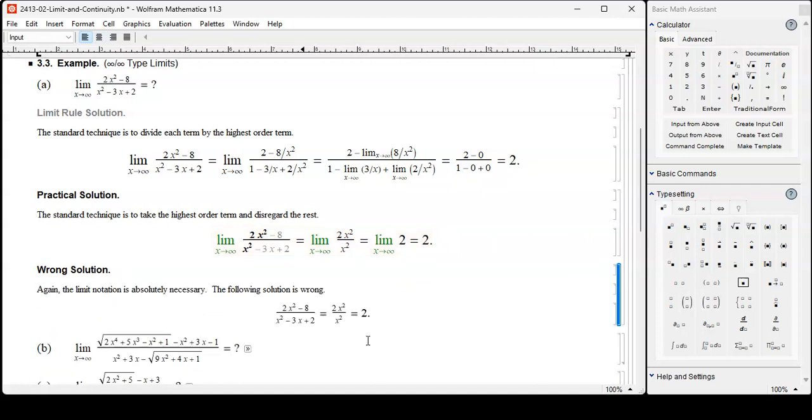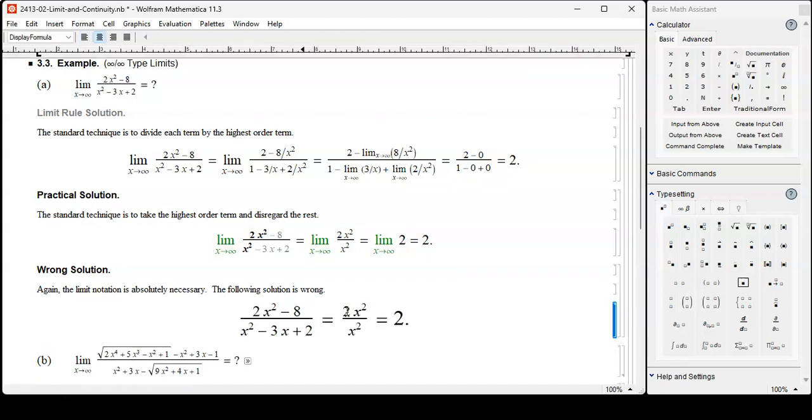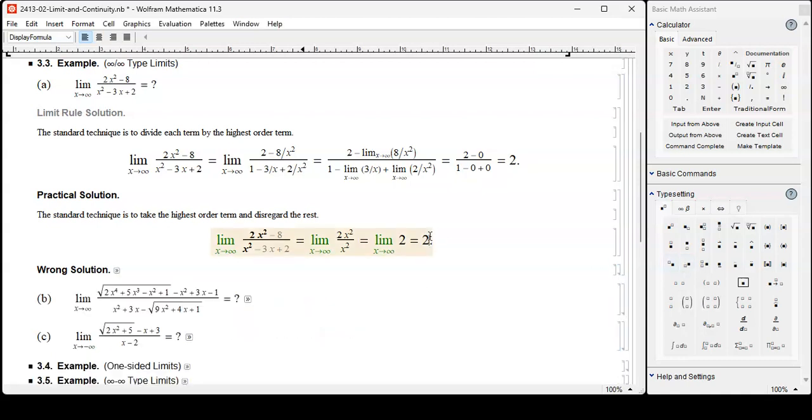I think that's what I wrote over here as a wrong solution. Yeah, this is wrong. This is not equality, especially this one. This is terribly wrong. And this one is also pretty problematic. But this one is clearly wrong. Now, if you put limits, then that's good.